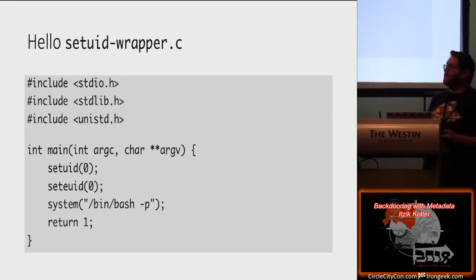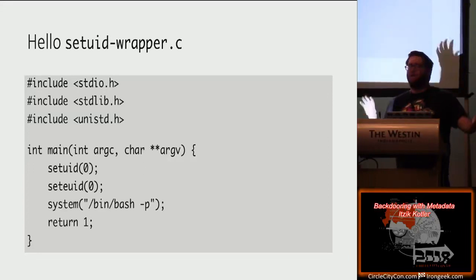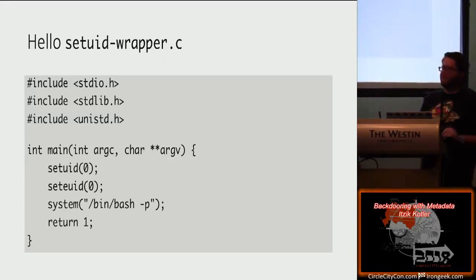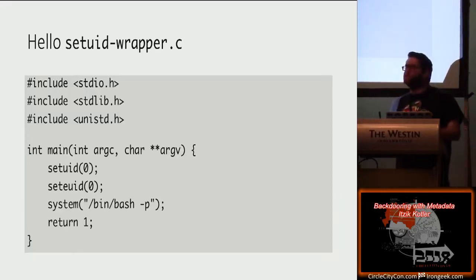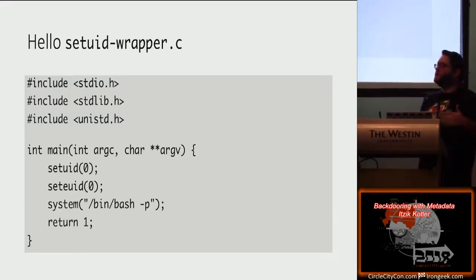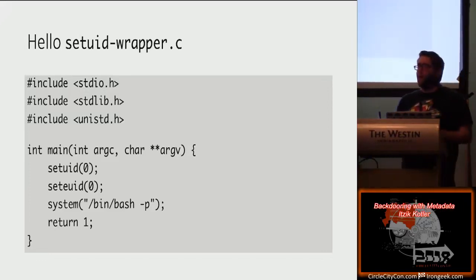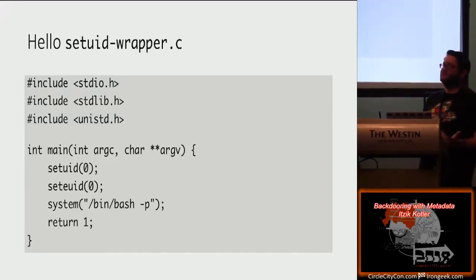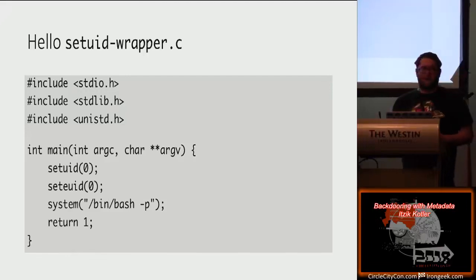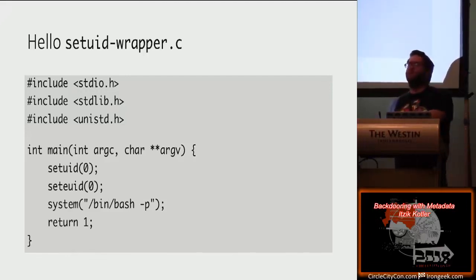It does not care about any of those parameters, basically isolating our endgame from the running conditions that we have been given. All it really does is elevate itself, asking the operating system to change the real ID and the effective ID, the UID and EUID, of the process to root. 0 signifies root in this API. Then it goes ahead and runs the program, the endgame that we desired.